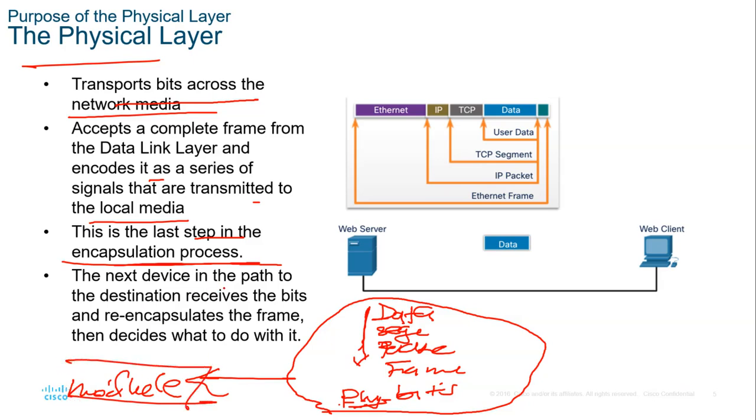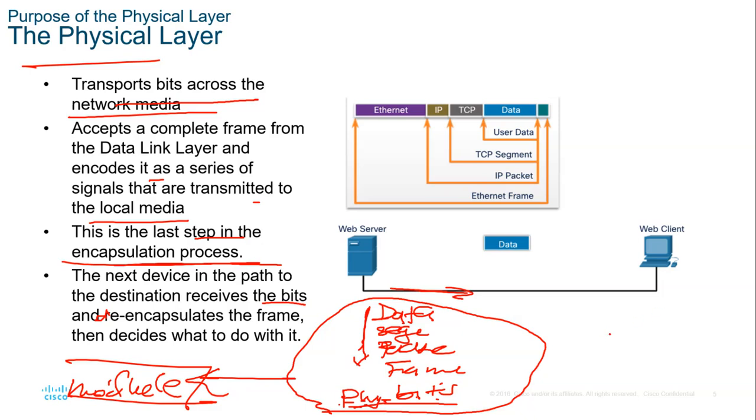The next device in the path to the destination receives the bits. These are the bits that are sent on the transmission media, and the device in the path receives them and then de-encapsulates the frame, then decides what to do with it.